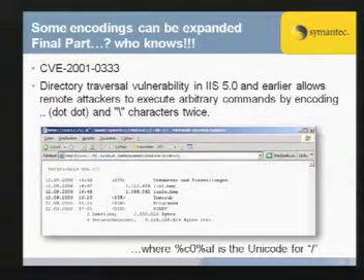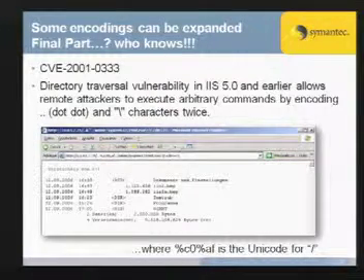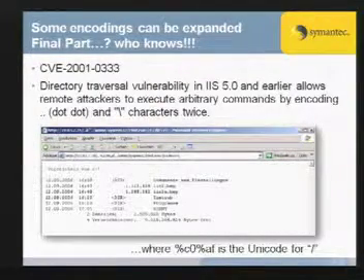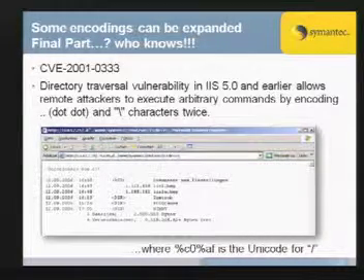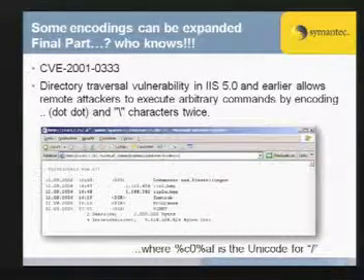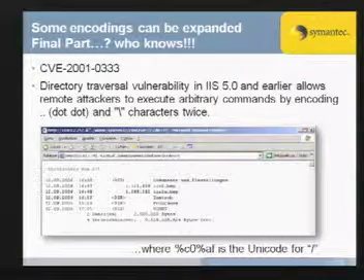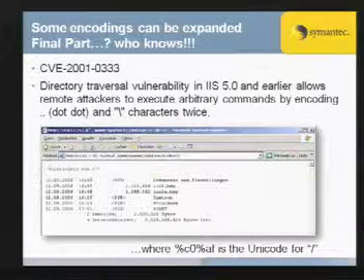Just to demonstrate this problem that we had with Unicode characters and encoding, IIS 5.0 had a really interesting problem. Basically, it didn't know how to translate the %C0%AF Unicode for the slash. And what happened is somebody was able to break out of the sandbox where all your web pages are and go to the system32 directory where cmd.exe is and execute it.